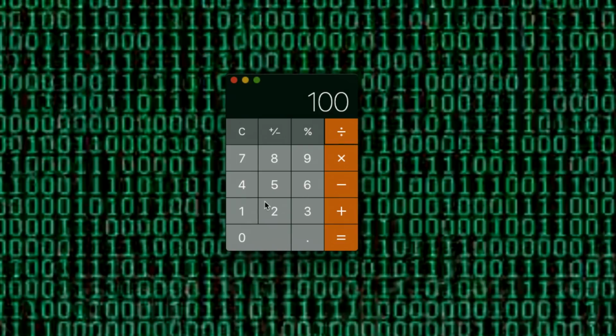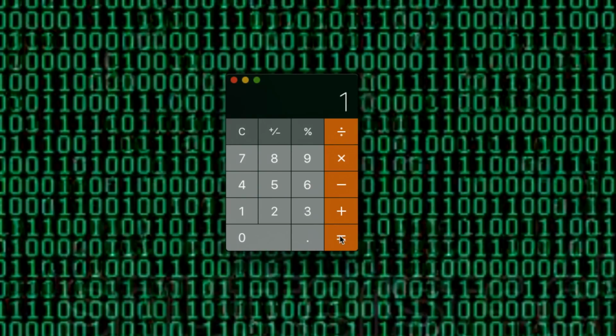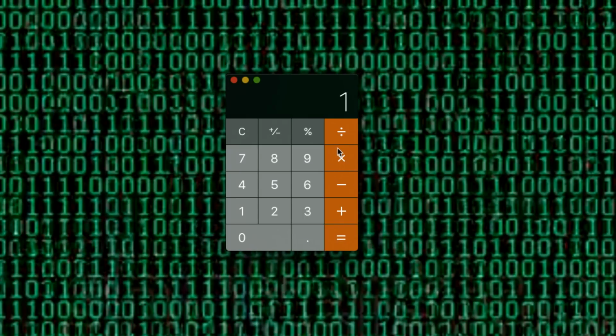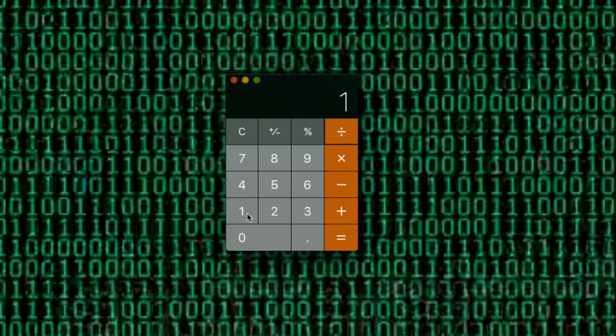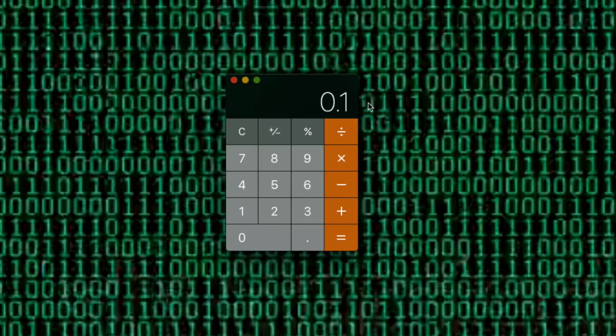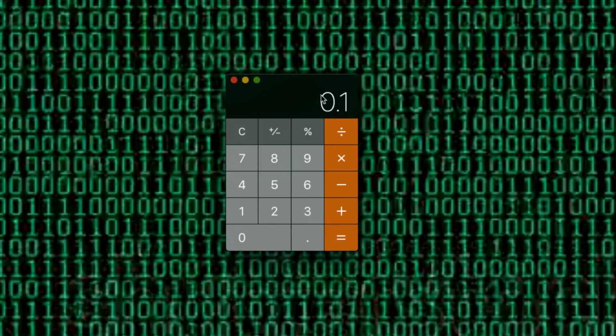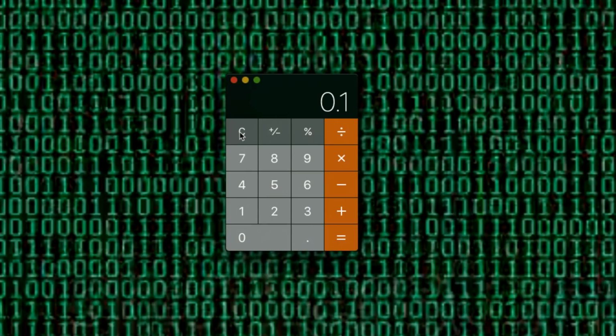To get a percentage, we divide it by 100. We get $1 risk, divided by our 10 pips stop loss. There's our $0.1, 10 cents, 0.01 lots.